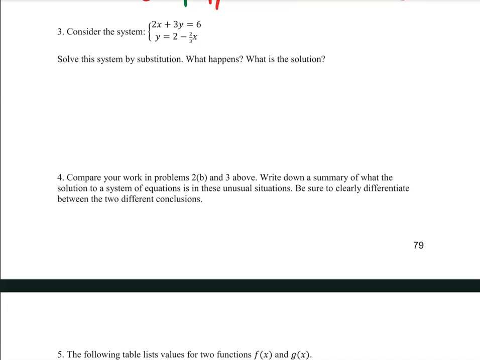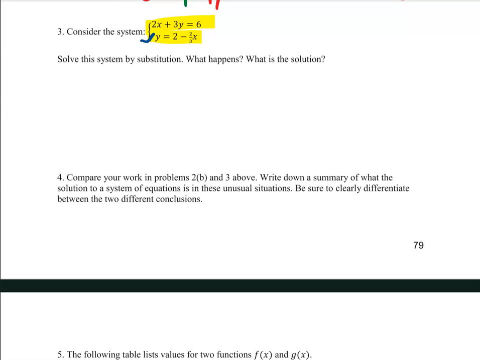Next, number 3. Consider the system. We have two equations here. 2x plus 3y equals 6 and y equals 2 minus 2/3 x. Solve this system by substitution. So look at your second equation. y equals 2 minus 2/3 x.